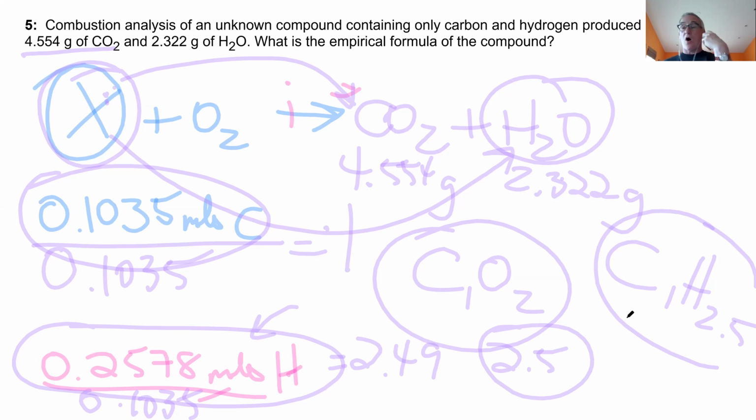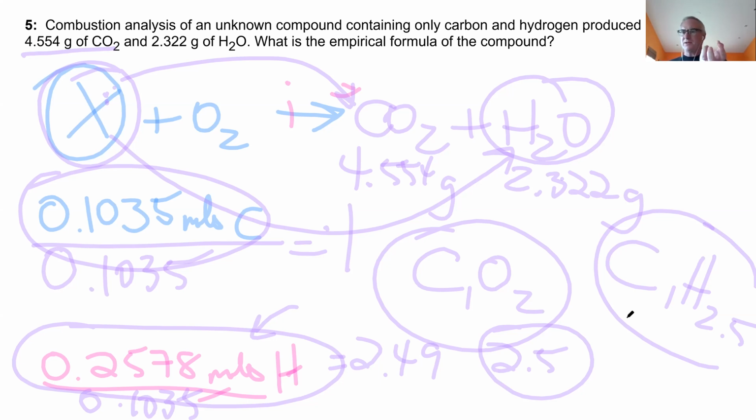Because remember, in none of these calculations do we ever have exactly how many moles of one thing and another thing are going to be in the compound. All we have is a ratio. We don't know what the molecular formula is. All we can figure out is what's the ratio. That's the only thing we can figure out.